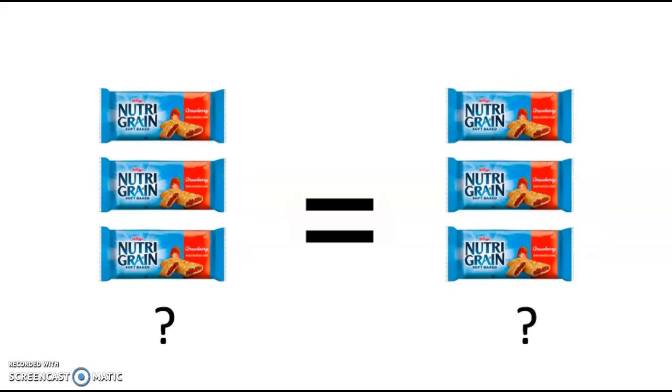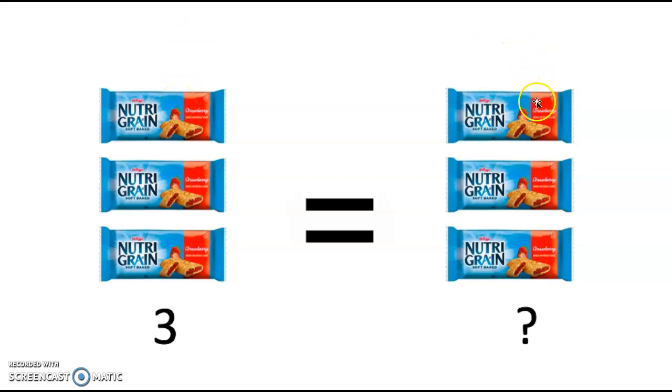All right, now let's look at our Nutri-Grain bars again. I'm going to count up how many I have on this side. Help me count. Ready? 1, 2, 3. All right, so I have 3 Nutri-Grain bars on this side. Now let's see if the amount we have on the other side is equal or the same as what's on this side.